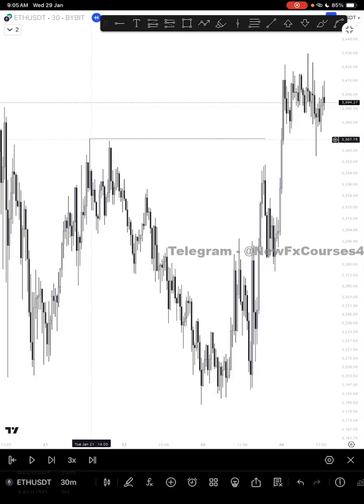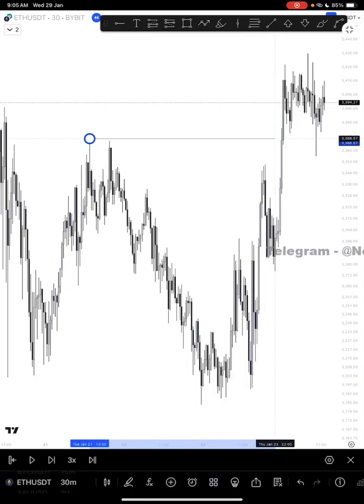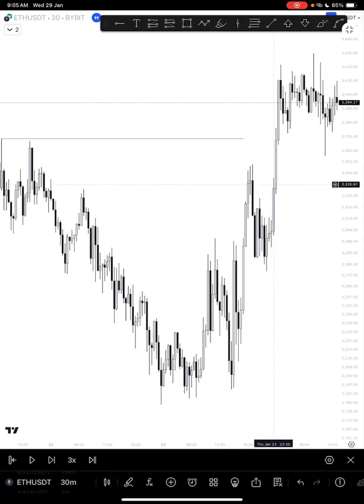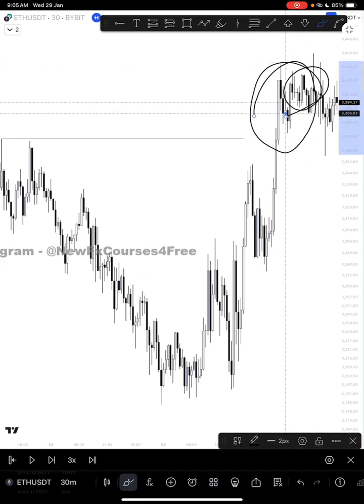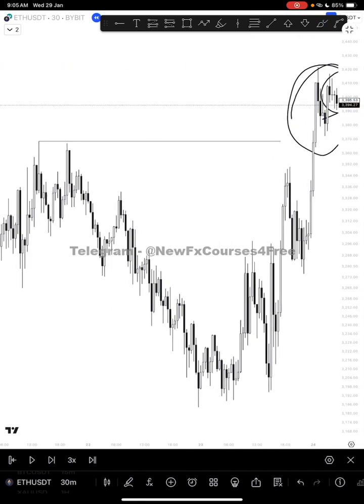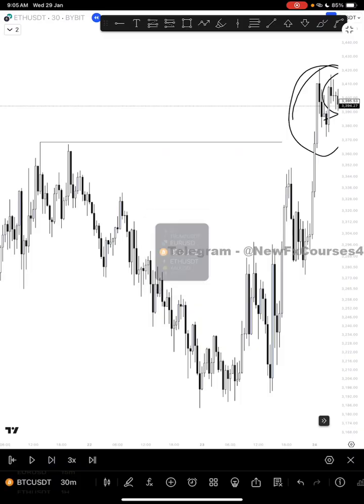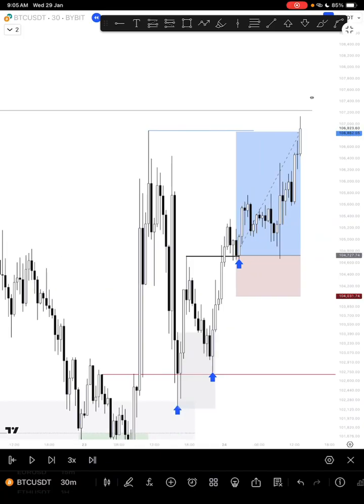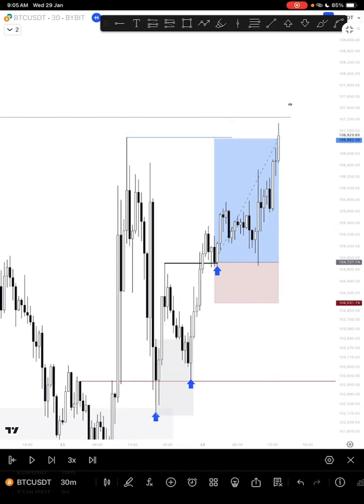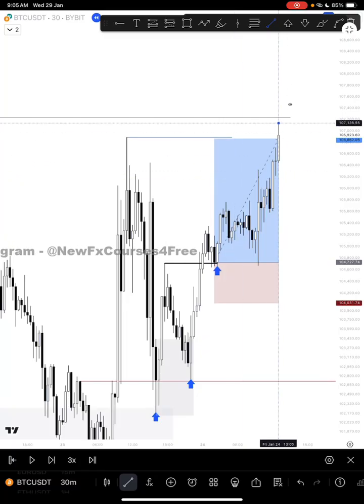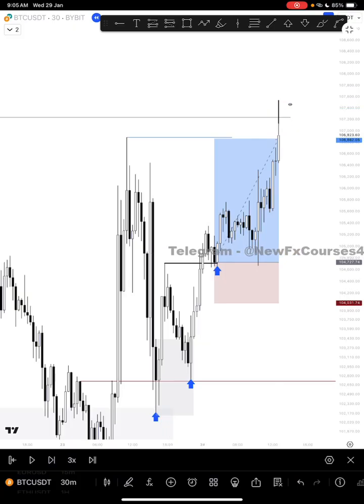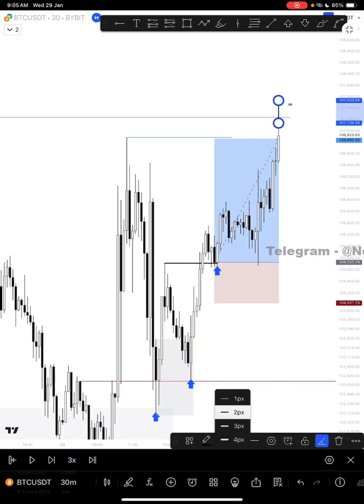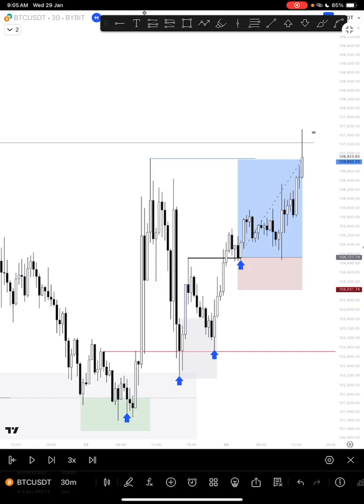That same high on BTC USD was swept by Ethereum with this move over here, whereas BTC did not sweep that high. So you can actually see this as something like this, but me, I see this as this. Yeah, that's how I see it.